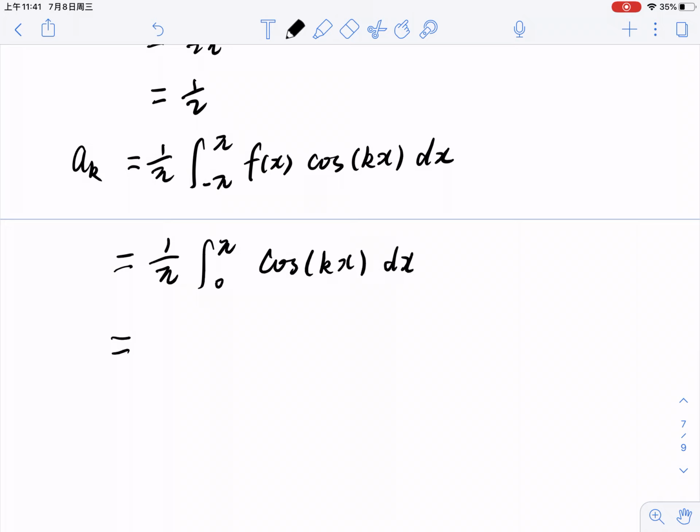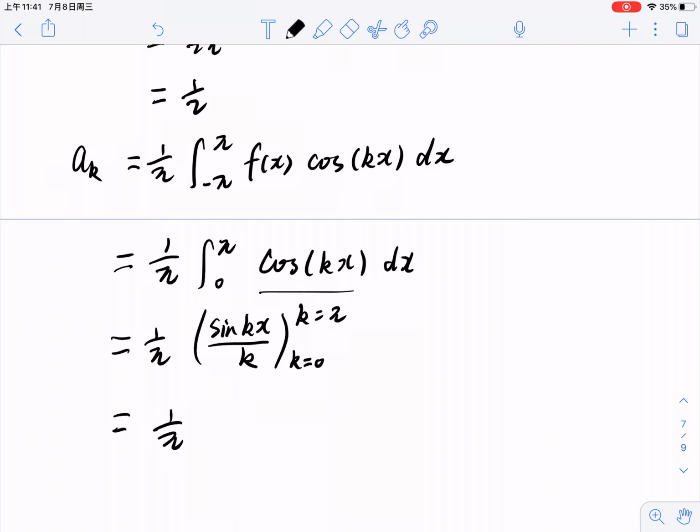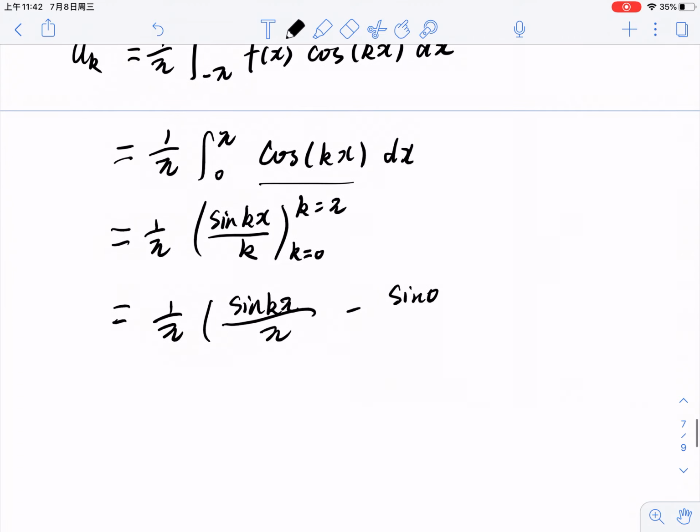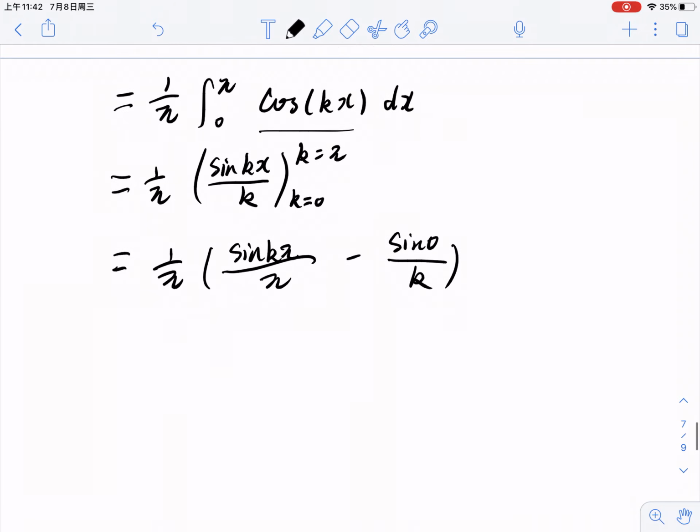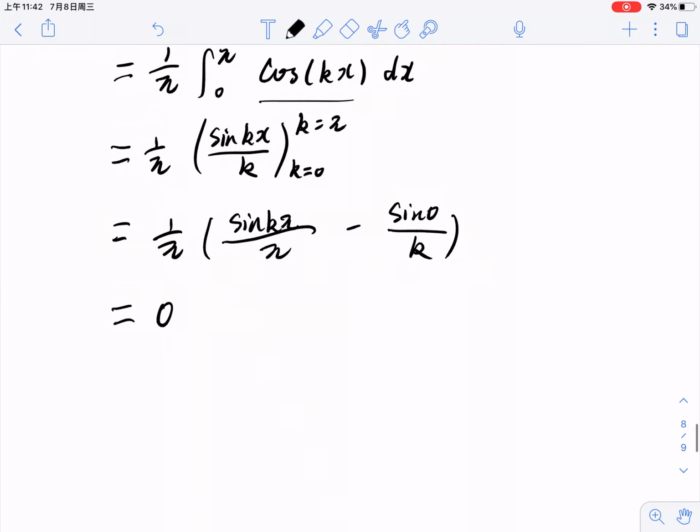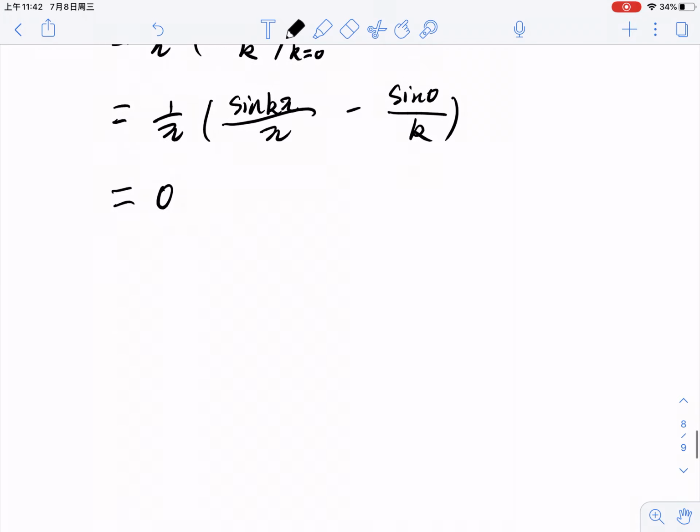The antiderivative gives 1/pi times sine kx over k, evaluated from 0 to pi. So we get 1/pi times sine k pi over k minus sine 0 over k. K is positive, so this is 0. Sine k pi is 0 and sine 0 is also 0. 0 minus 0 is 0.